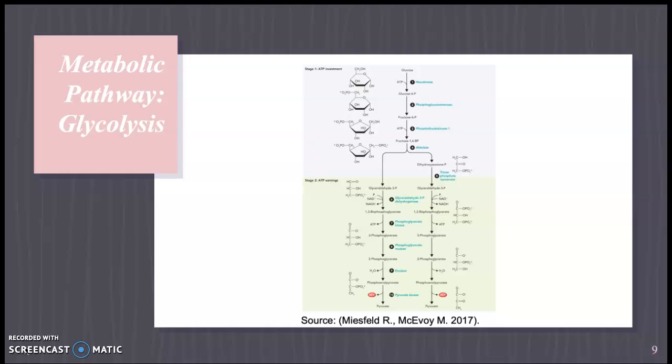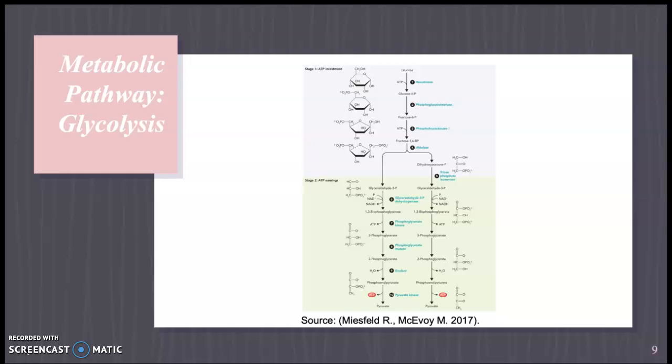In step 7, the 2 molecules of 1,3-bisphosphoglycerate are converted into 2 molecules of 3-phosphoglycerate using phosphoglycerate kinase, and in this step we produce 2 ATP molecules. In step 8, the 2 molecules of 3-phosphoglycerate are converted into 2 molecules of 2-phosphoglycerate using the enzyme phosphoglycerate mutase, and we do not produce ATP.